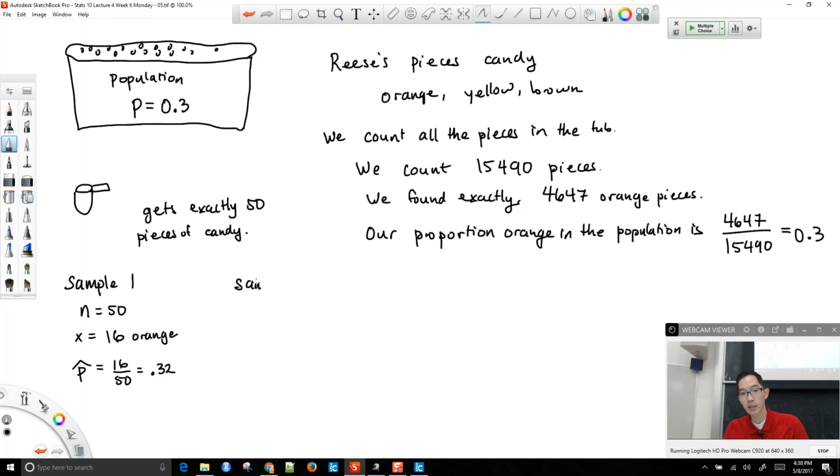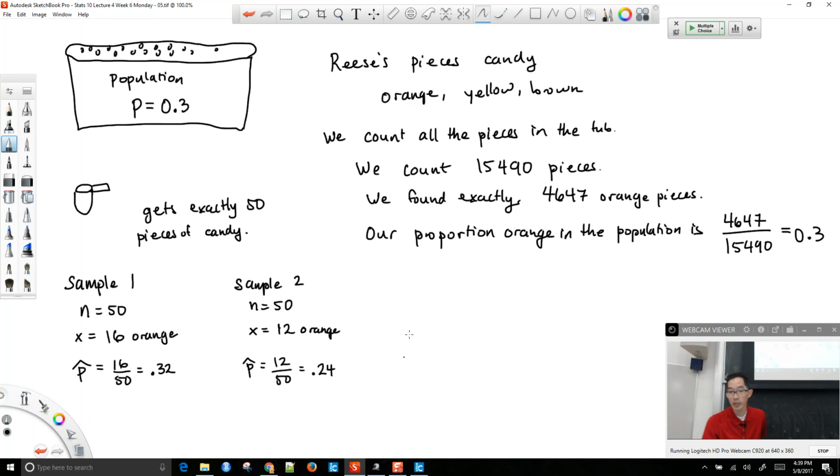I dump this back in and stir up the tub, and repeat this again. Now I get sample 2, another 50 pieces of candy. This time I get 12 orange pieces, so my p hat this time is 12 divided by 50, only 24% orange.